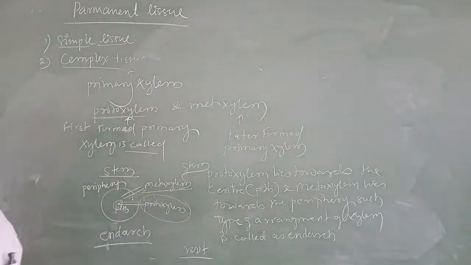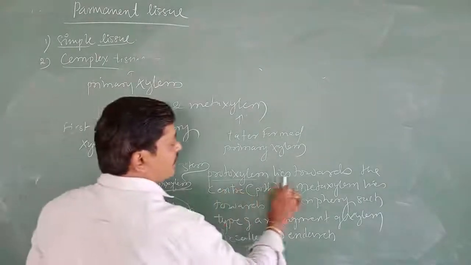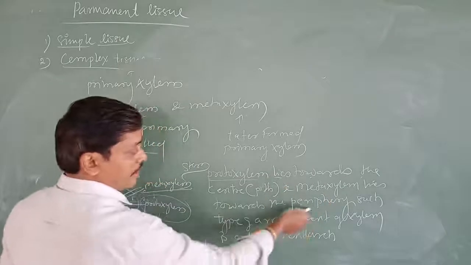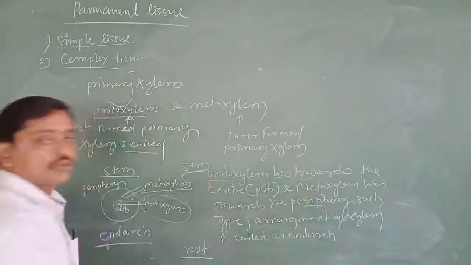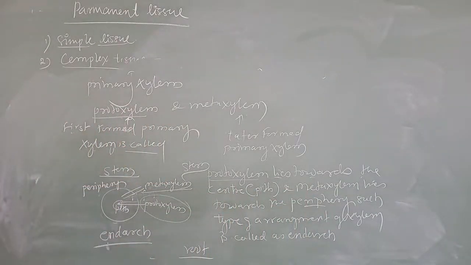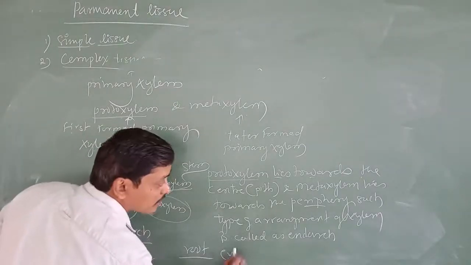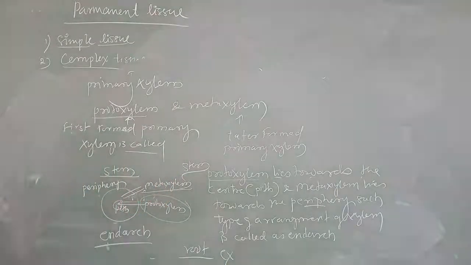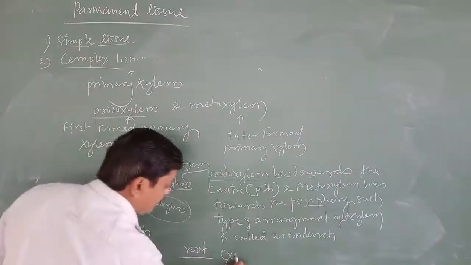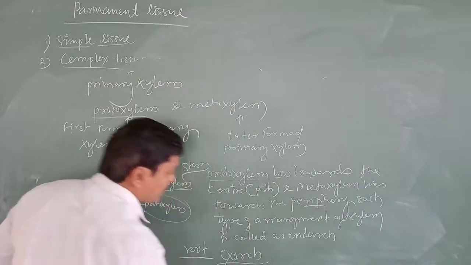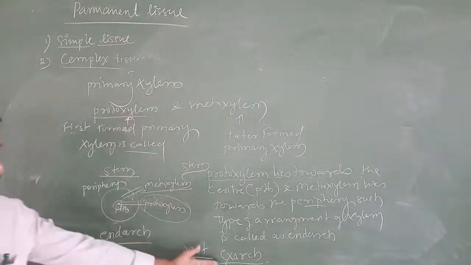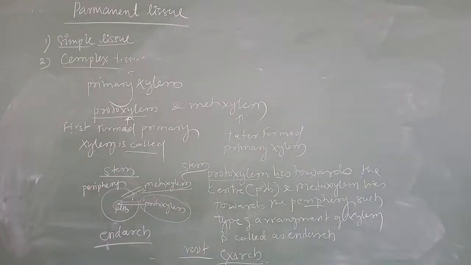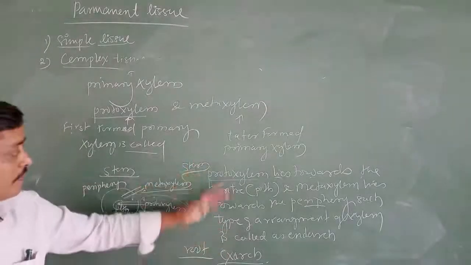And the opposite of this is in a root. In root, protoxylem lies towards the periphery and metaxylem lies towards the center, and such an arrangement is called exarch. This is the homework for you: how will you write the exarch definition? Exact opposite of this definition.